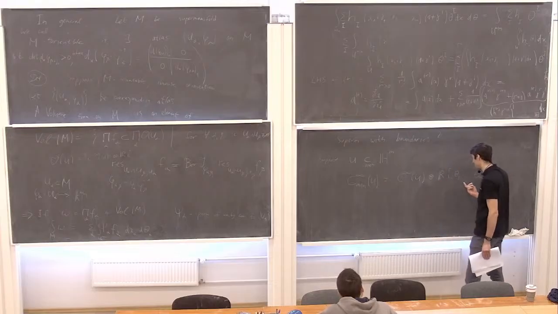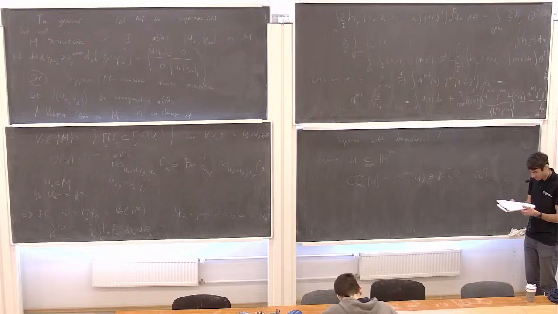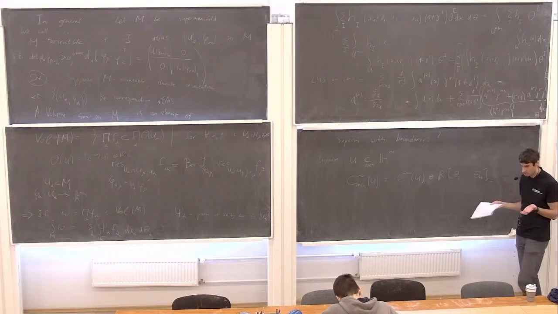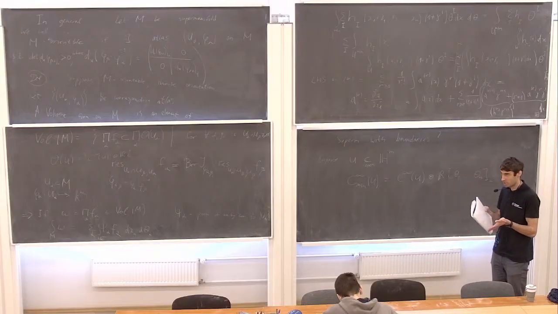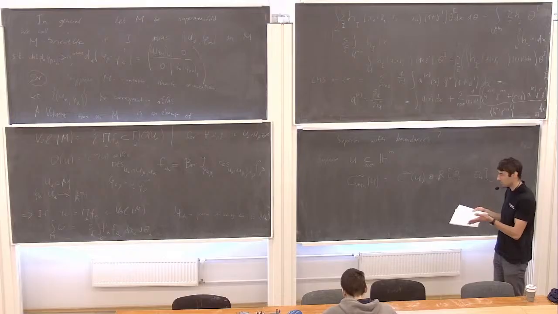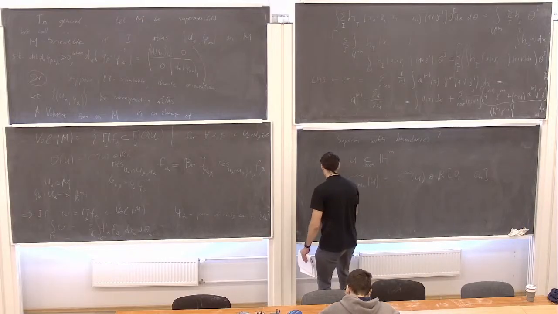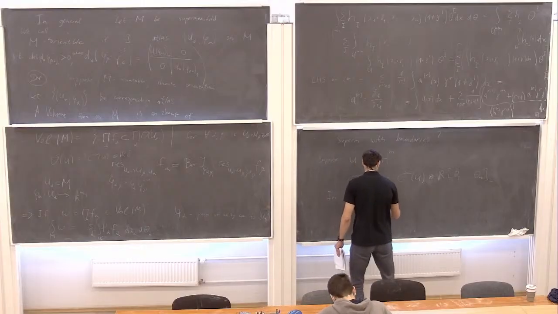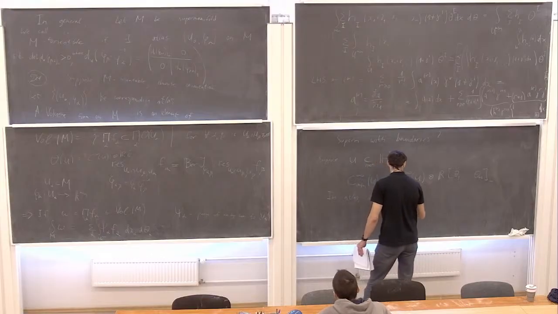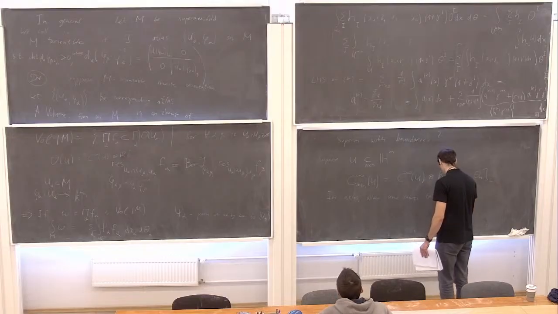We just do the same thing as we did before, right? And then we just allow in the atlas some of the charts to map to half space. That's it, right?